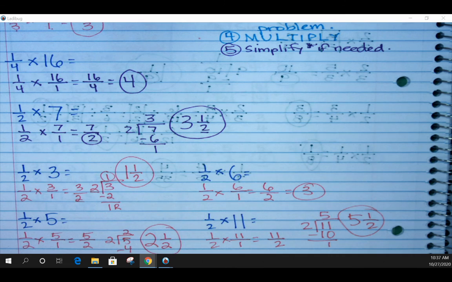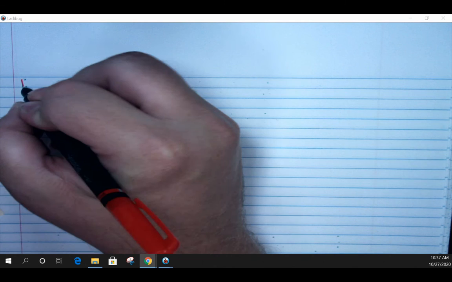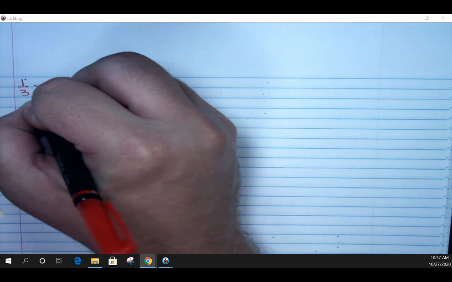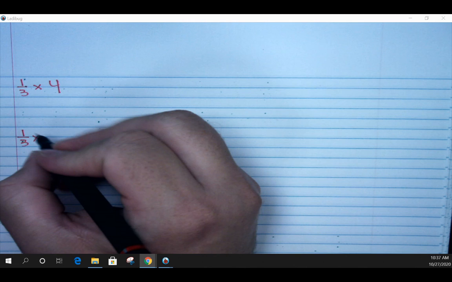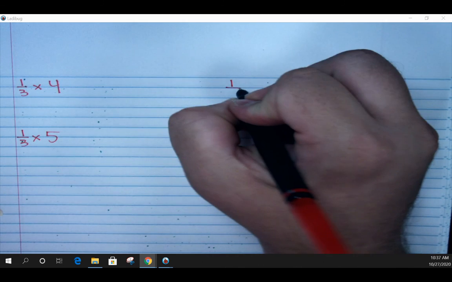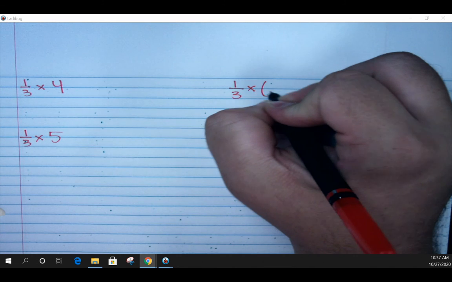Okay, let's do a couple of examples of thirds. Thirds. Let's do 1/3 times 4. Let's do 1/3 times 5. 1/3 times 6.